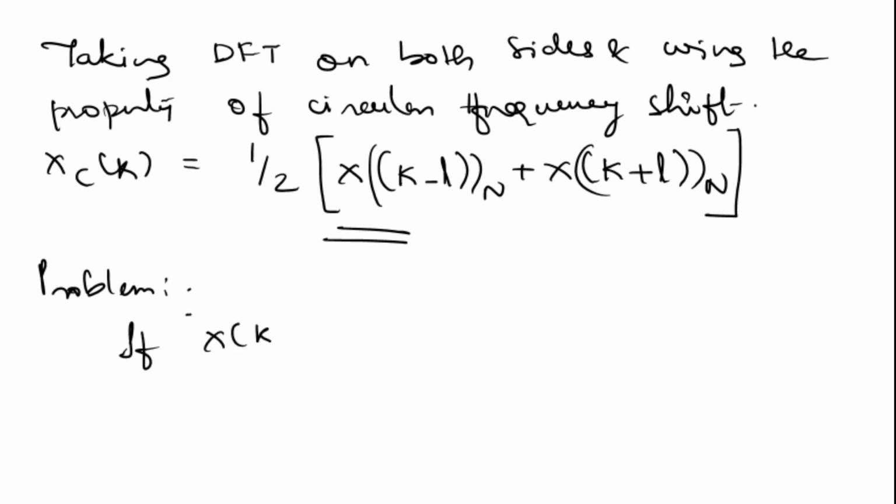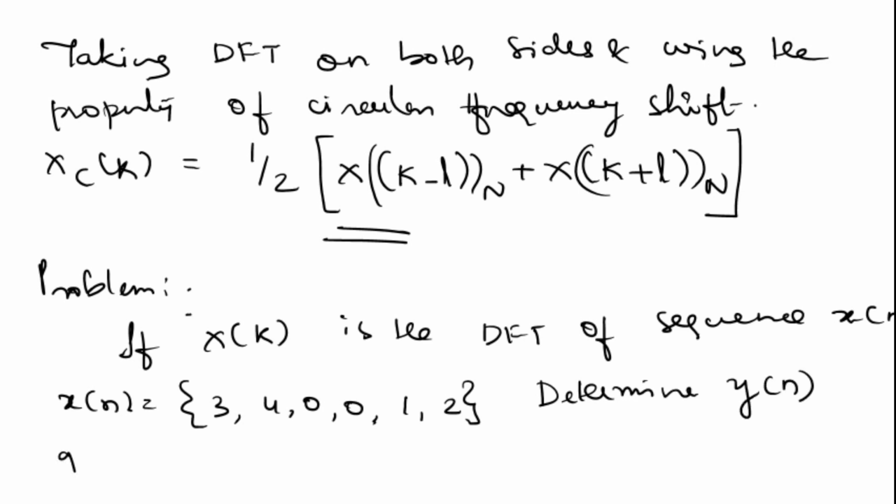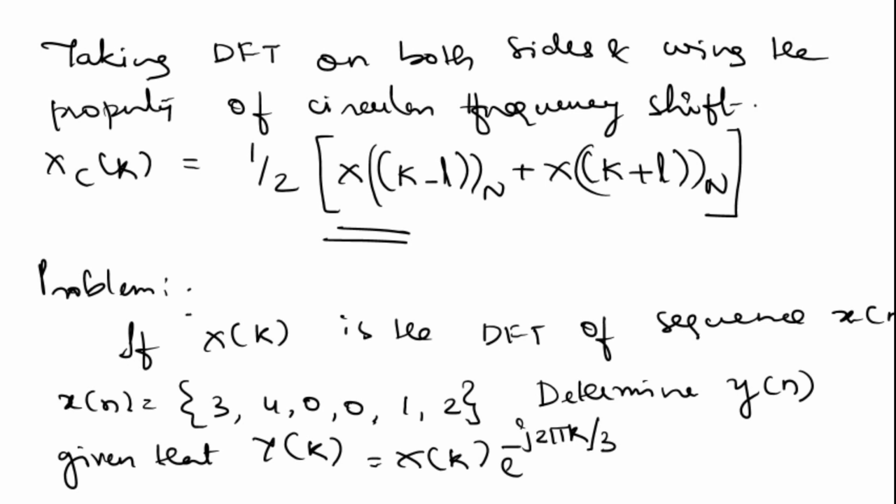If x of k is the DFT of the sequence x of n, and it is given x of n is equal to 3, 4, 0, 0, 1, 2, determine y of n given that y of k is equal to x of k into e power minus j 2 pi k by 3, without computing the IDFT of y of k, and state the property used.